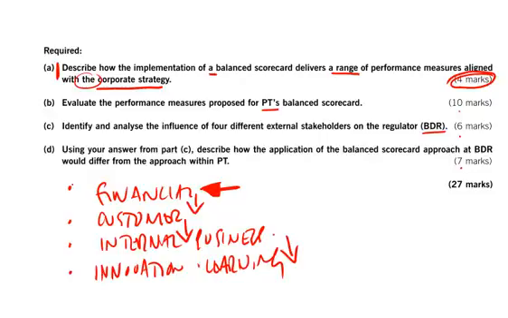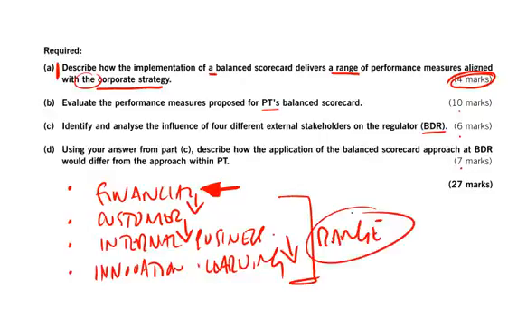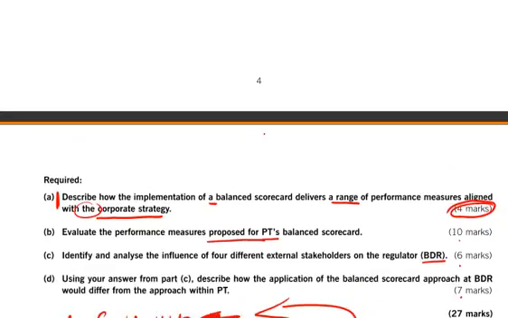Now, we probably said more there than we could in 4 marks, but we'd have to go through, I think, each of the business perspectives and really say that there's a considerable range of performance measures which are going to ultimately be the cause of good financial performance. Part B asks us to evaluate the performance measures proposed for the balanced scorecard. So let's go up and see what they are here.